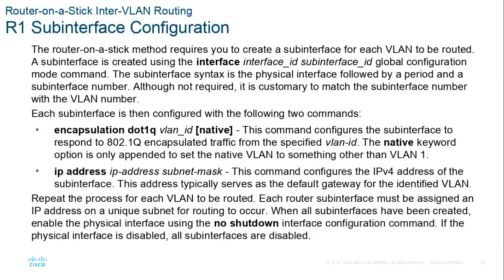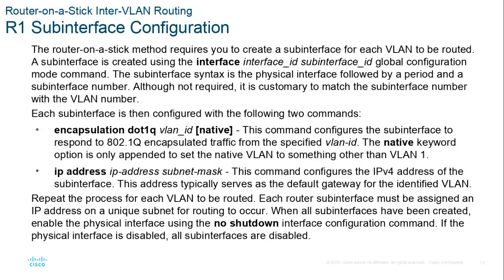Now, I mentioned last time when we talked about trunking that Cisco early on used a proprietary method of tagging the frames called ISL, Inter-Switch Link. That's been deprecated, not supposed to use that anymore. It's considered obsolete. It only works between Cisco devices.